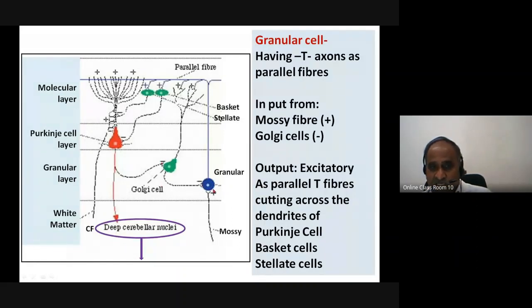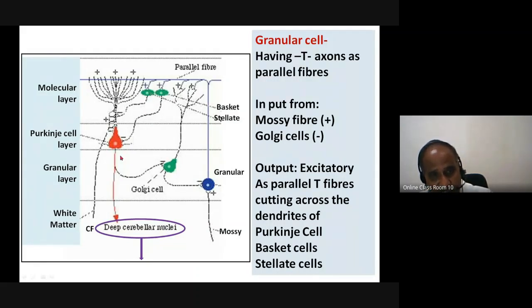So we will be trying to check the output of this granular cell. The output of the granular cell is going to the dendrites of the Purkinje cell, and then the basket cells and stellate cells are also excited.